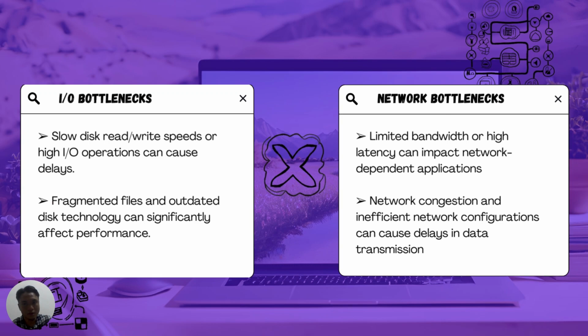Disk input-output bottlenecks manifest through slow read and write speeds or high input-output operations, exacerbated by fragmented files or outdated hardware. Network bottlenecks, characterized by limited bandwidth or high latency, affect network-dependent applications and can be worsened by congestion or inefficient configuration.